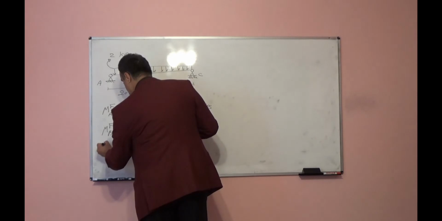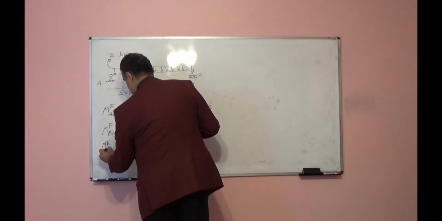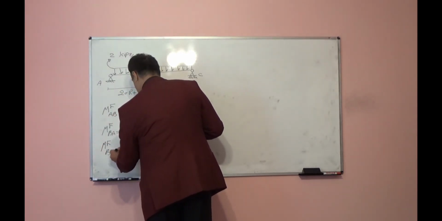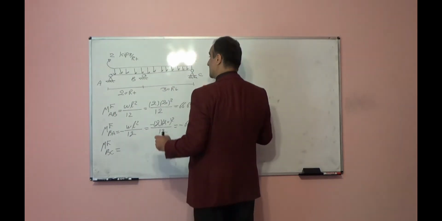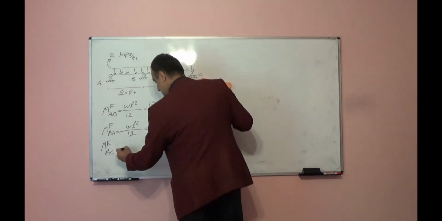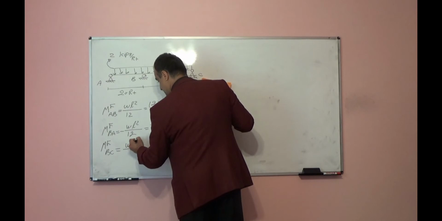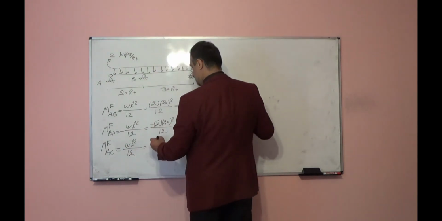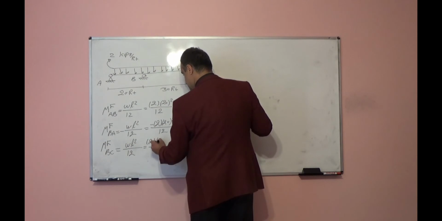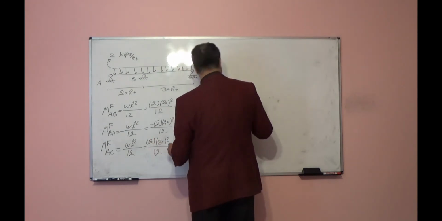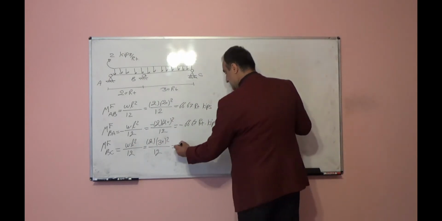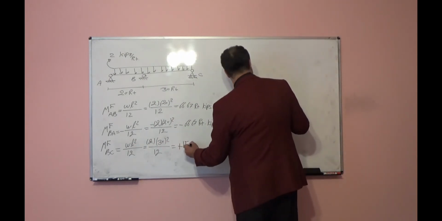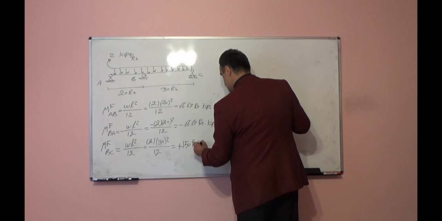M fixed BC will be equal to, for this span again, WL squared over 12, that will be equal to 2 times 30 squared over 12, that will be equal to plus 150 feet kips.